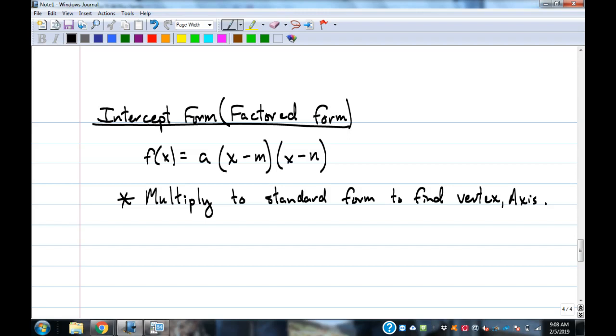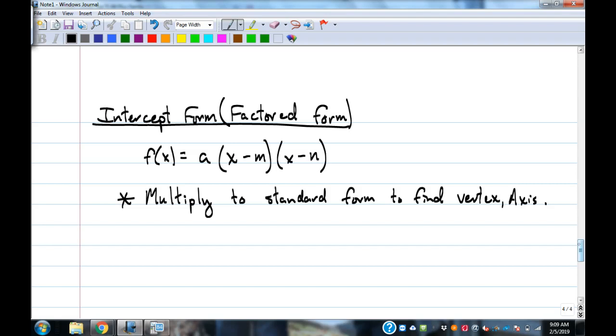But if you're going to have to add them together and divide by 2, you might as well just have it in standard form, because then you get the Y-intercept for free instead of having to plug in 0 and work it out. You get a lot of things for free in standard form.